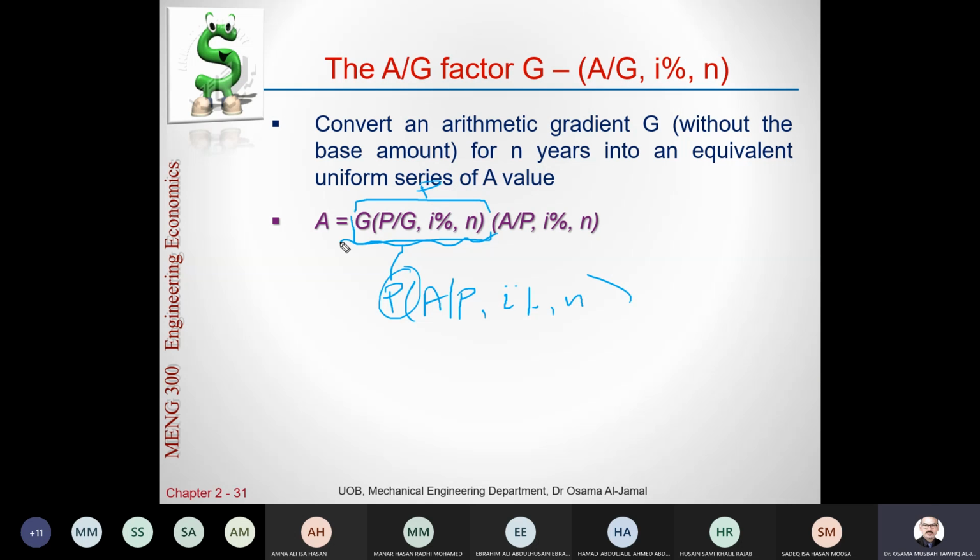So if we have the formula for P given G, don't say we don't have the formula for A given G. It's not a problem. Find that P first, convert it into a single amount, then convert it again into annuity.